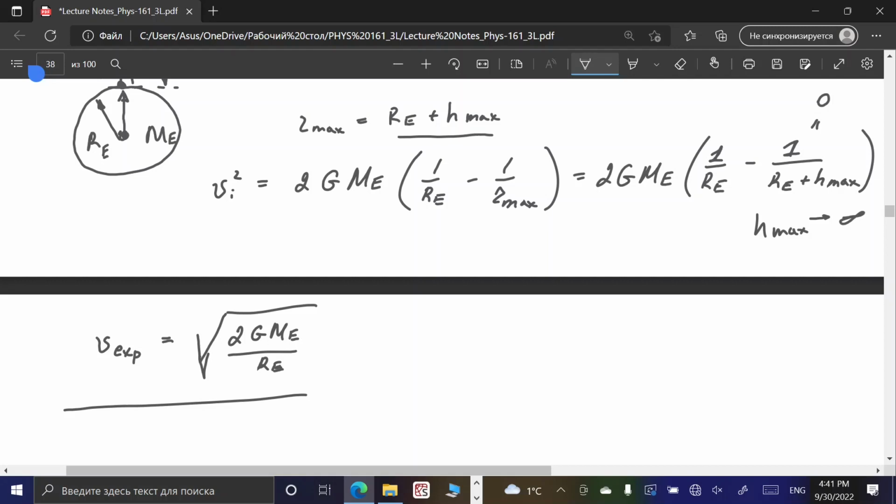If we do this for Moon, for example, that will be something about 2 kilometers per second. If we consider Jupiter, then it will be enormous, 60 kilometers per second, taking into account that Jupiter is the largest planet in our solar system.